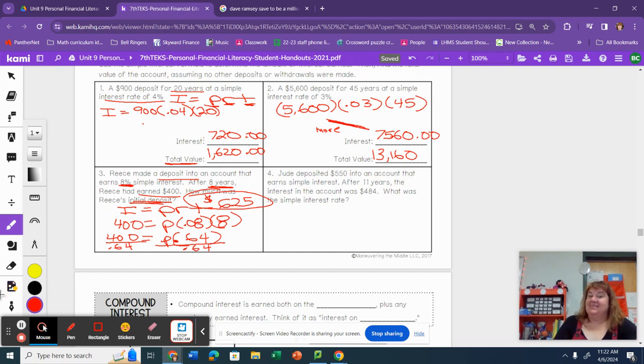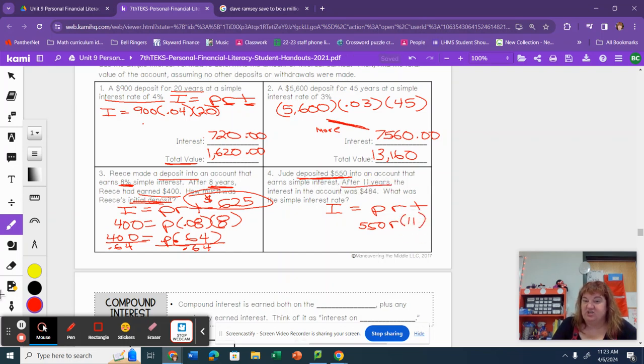Okay, this one's tricky too. Interest equals PRT. What do you know? You know the initial deposit, so we can fill that one in, right? We don't know the rate, so we're going to leave R. Do we know how many years? Yes, 11.